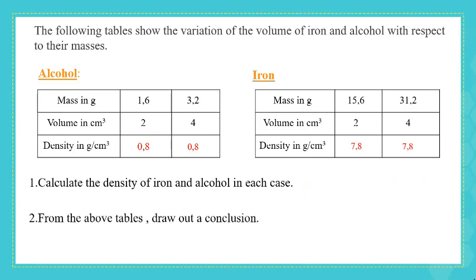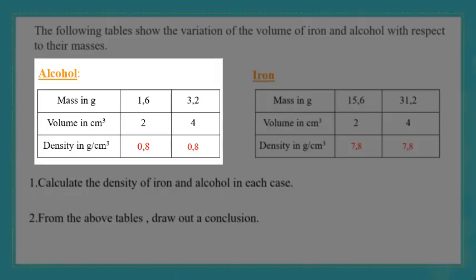Number 2, from the above tables, draw out a conclusion. Look at these tables. What can you notice? In the first table that refers to alcohol, the values of mass and volume change, but when we divide them to get the value of density, it remains constant at 0.8 gram per centimeter cube.